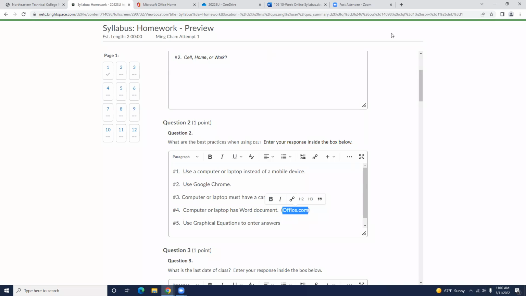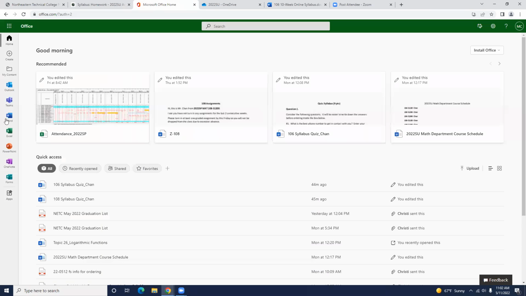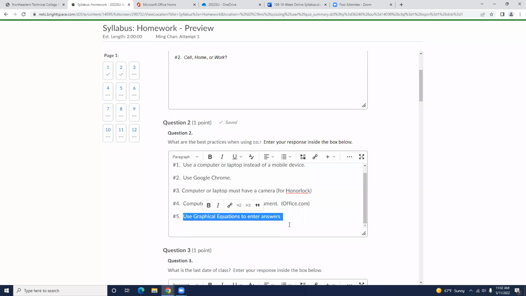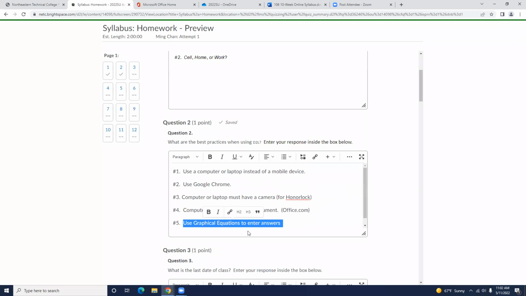Just like right here, when I am logged into office.com, I have Word here. And use the graphical equation to enter answers. So for this class, these are the 5 best practices.